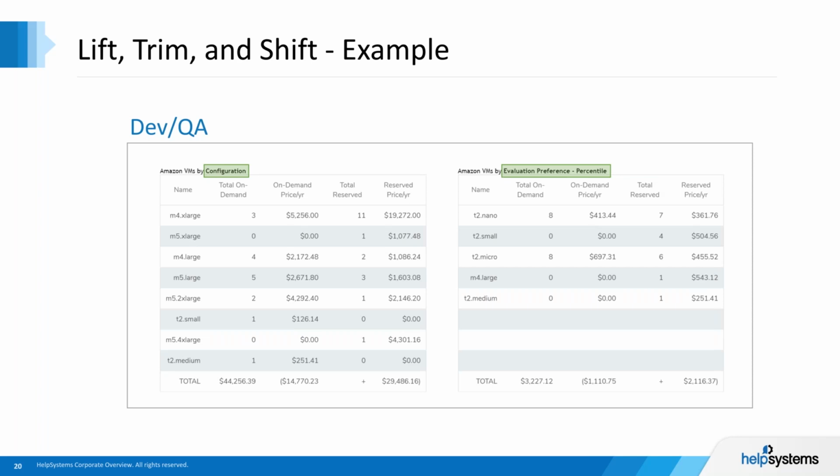But in this case, if you look at what the configuration of our VMs says, we would buy instances for a total of $44,000 over a year to host this cluster of VMs. Whereas if we do an evaluation, using the 95th percentile for our VMs and looking at what they're actually using and what amount of resources are being utilized, we can cut that cost down to almost $3,000, which is a factor of at least 10 or even 15.